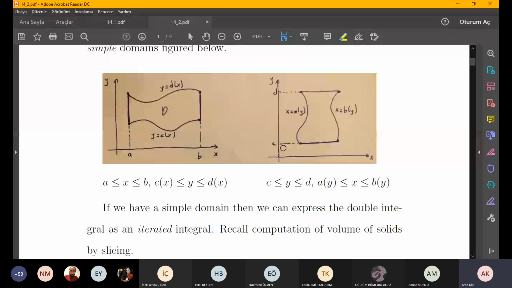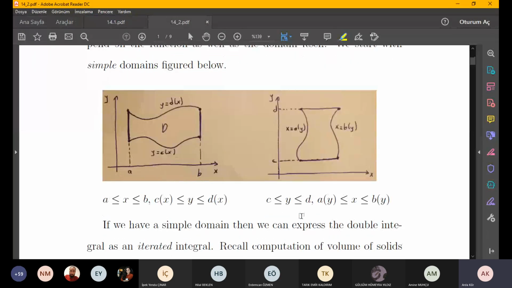And the second one is another simple domain that you can see here. D is that region on the xy plane, which contains the points with coordinates x, y where y is in between c and d, and x is in between a(y) and b(y).